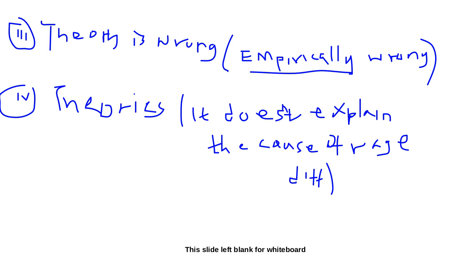Then finally, number five. Since labor earns the same amount, the theory disregards productivity.